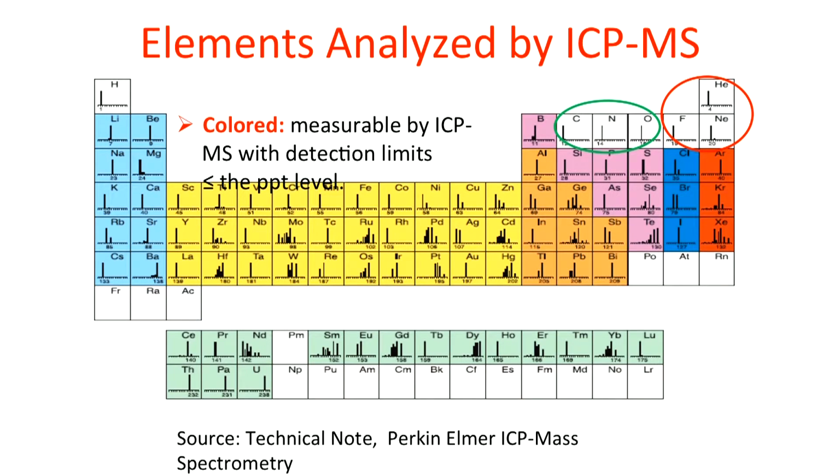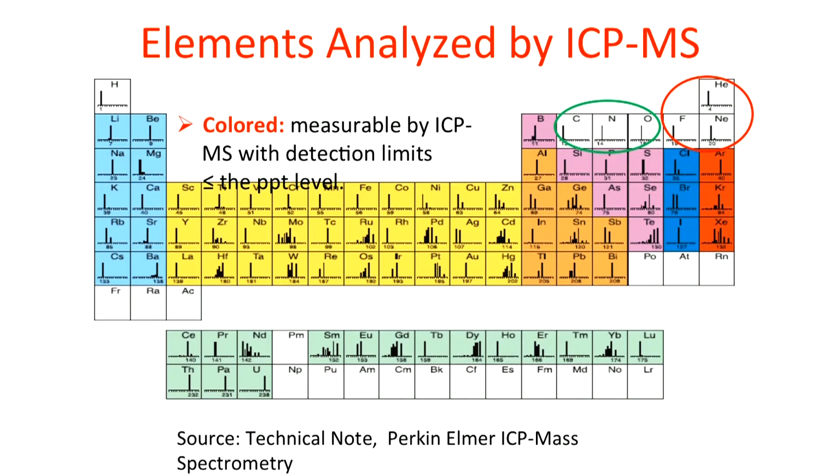So these are the elements. This is the periodic table, and the colored areas that you see here are the elements that can be analyzed or measured by ICPMS, whereas the white ones either don't have naturally occurring isotopes, or, for example carbon, nitrogen, oxygen, helium, fluorine, neon, have ionization energies that are either near or higher than the ionization energy of argon.